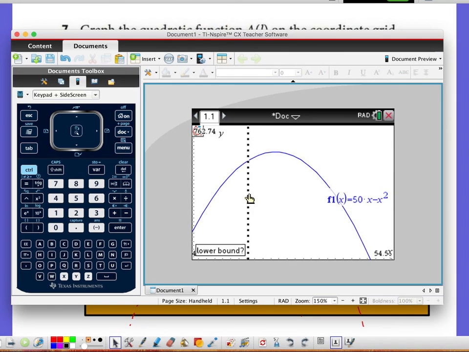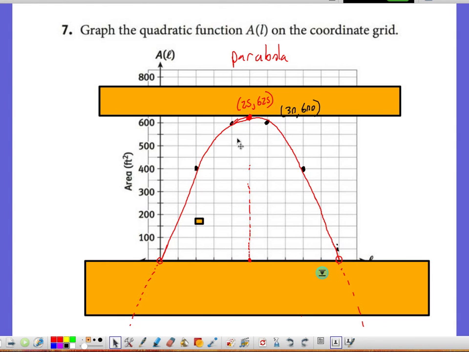And once you do that, you have this vertical line. You're going to click right close to where you think the maximum is, click, and then drag it. And once you drag it, it tells you what the ordered pair of the maximum is. And so indeed, a length of 25 gives you the maximum area of 625.